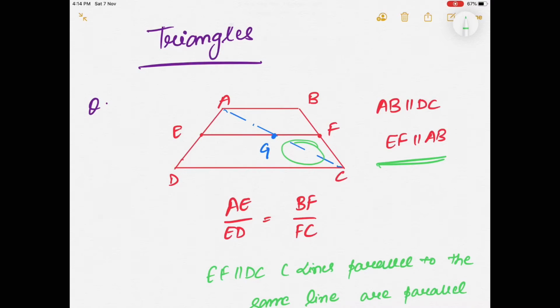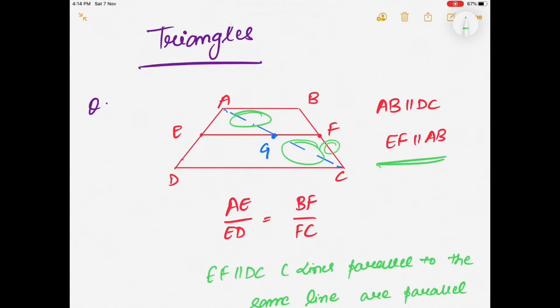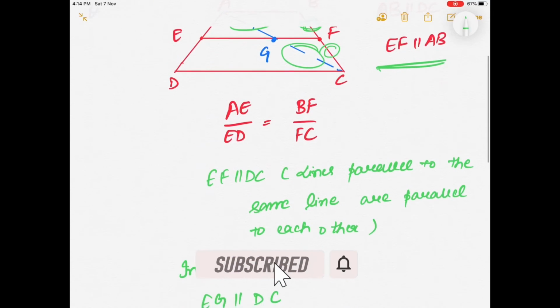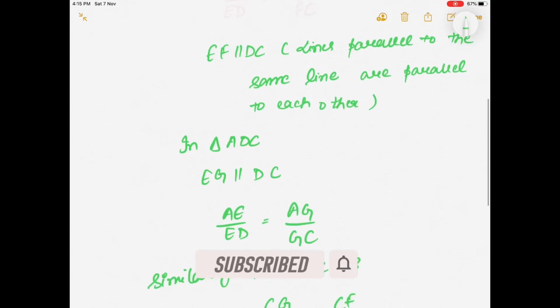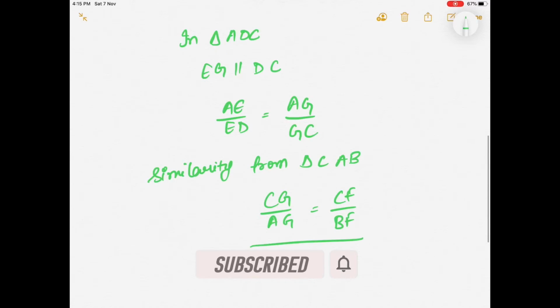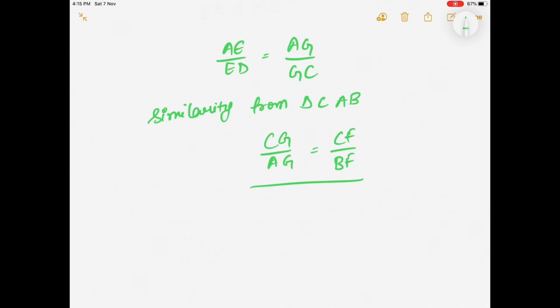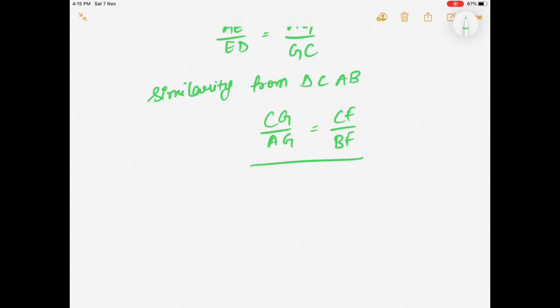CG by AG, these two lines, is equal to CF by BF. We are talking about these 4 lines as the triangles are similar. So similarly we proved this part.